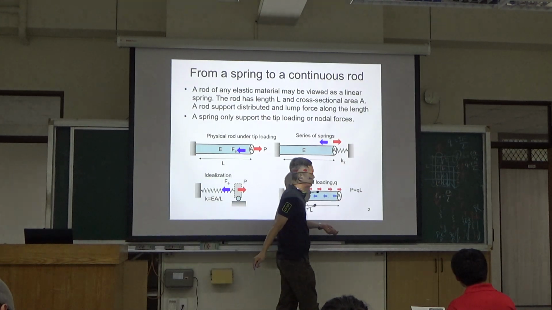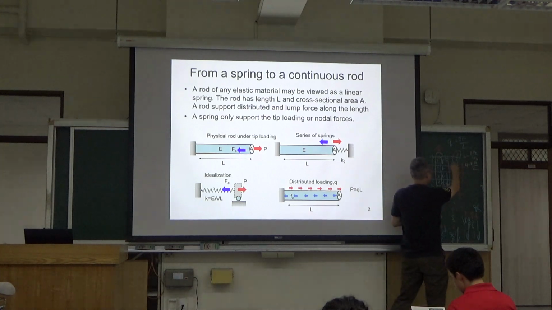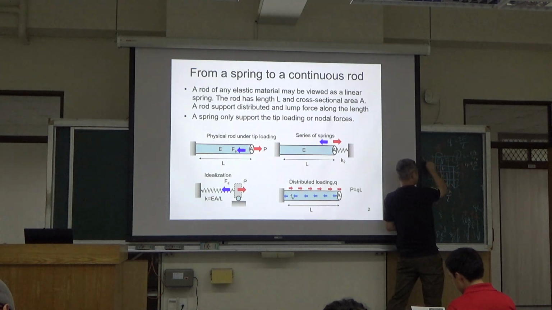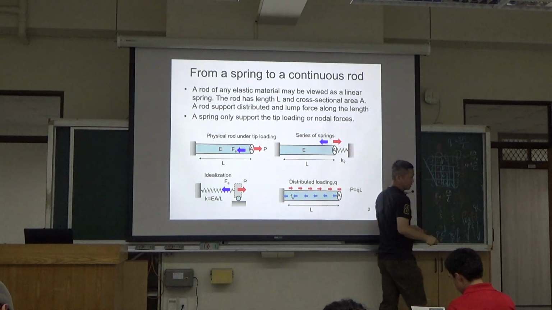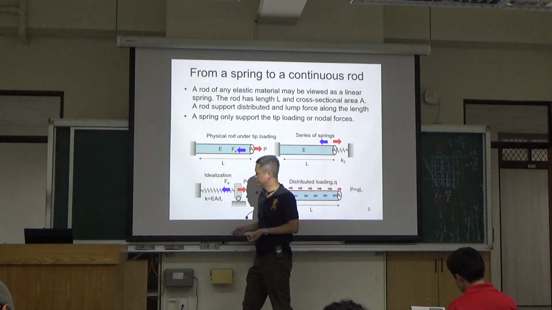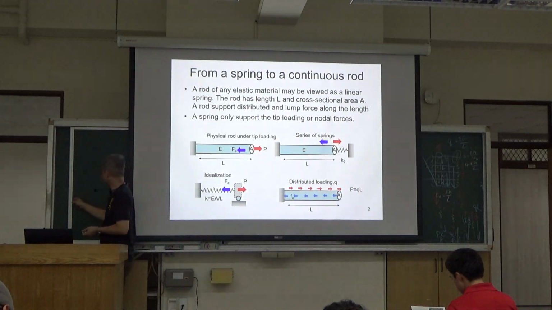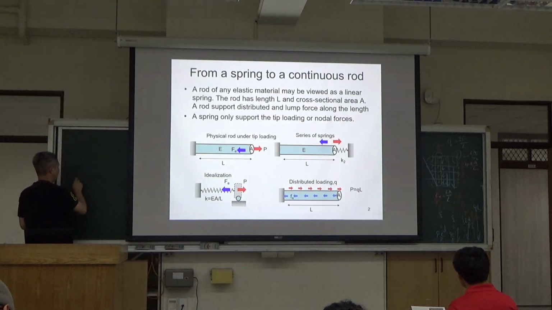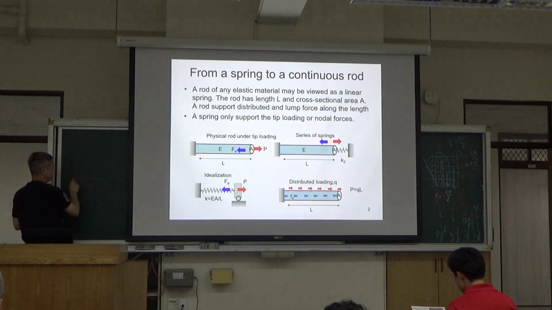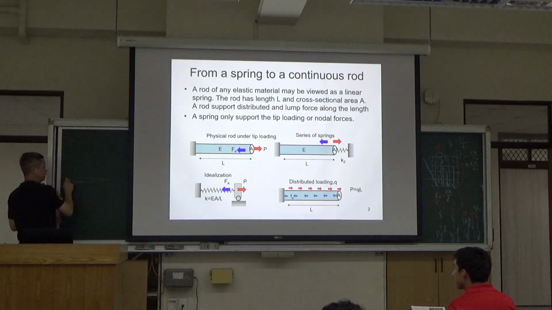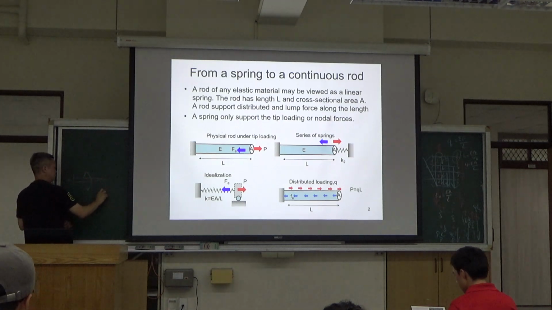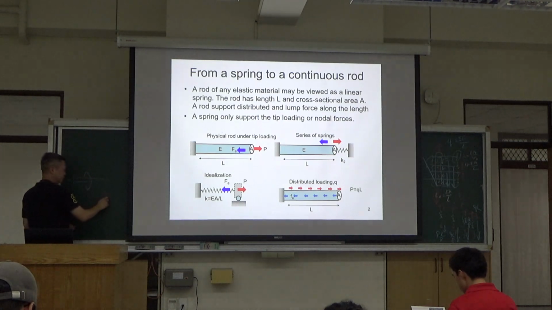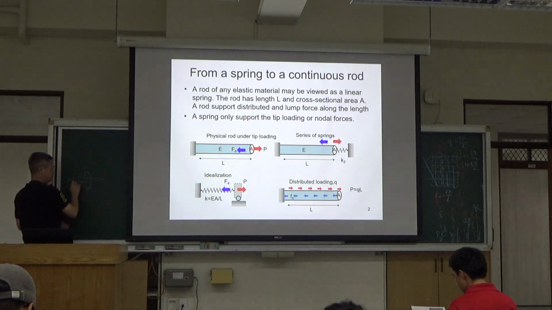But there might be other cases. The loading could be different. Rather than this uniform loading, you could possibly have this loading. Why do you have this kind of loading? In an aircraft, or in the case of a bird's wing, the tip will be subjected to the greatest tangential speed given the same stroke speed.